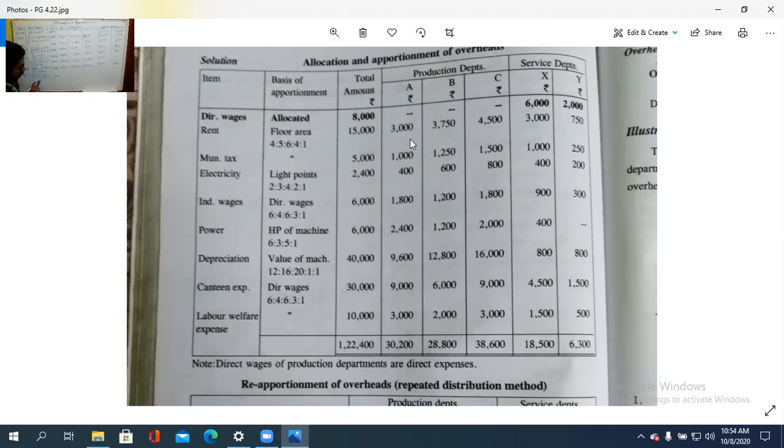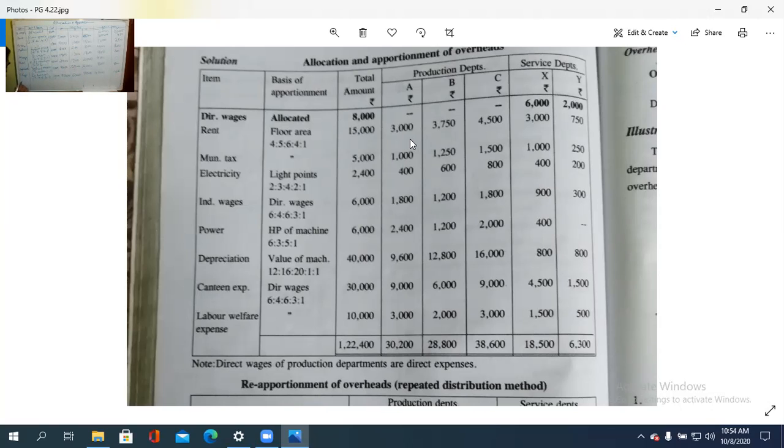So 6 by 20, 4 by 20, 6 by 20, 3 by 20, and 1 by 20. So 30,000 apportioned to 9,000 for the first case, 6,000 for the second case, and again 9,000 for the third case, then 4,500 for the fourth case, and 1,500 for the last case.